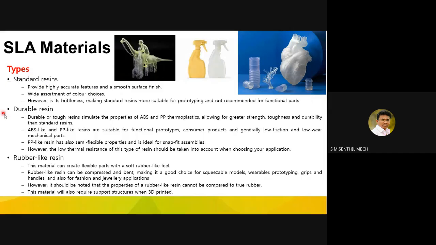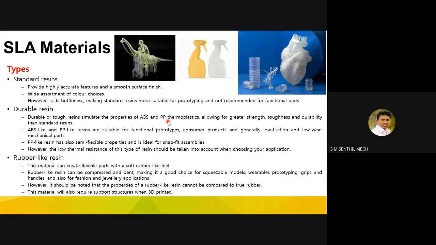The next is durable resin, sometimes called tough resin, which has the properties of ABS and PP. PP is polypropylene plastic. They have the combined property of ABS and polypropylene. ABS has high mechanical strength, whereas PP has good flexibility.